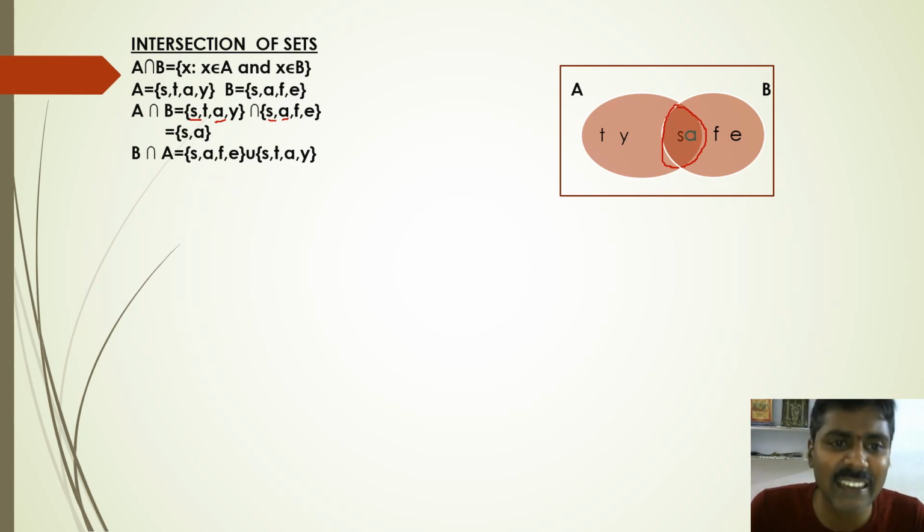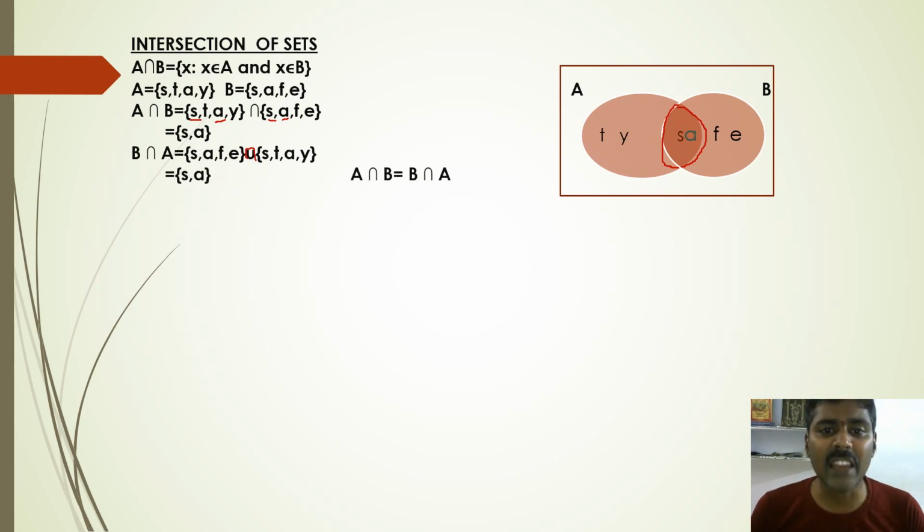Similarly, if I go with the reverse, B intersection A, SAFE intersection STAY, what do I get? Again the same common letters, S and A.